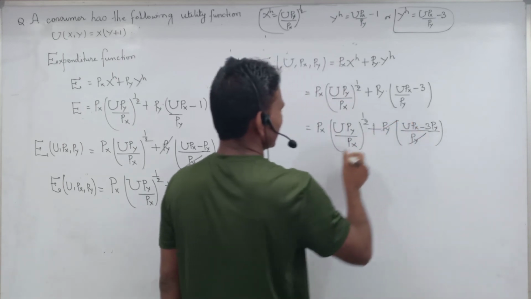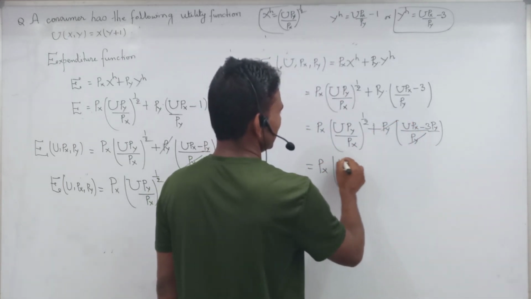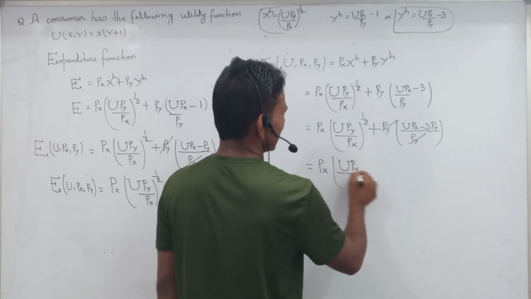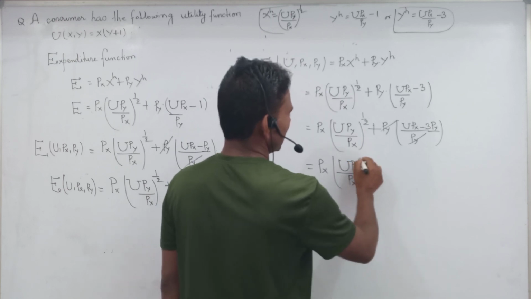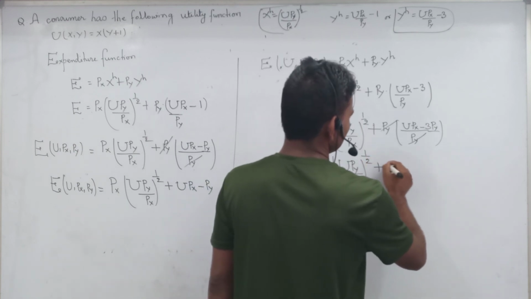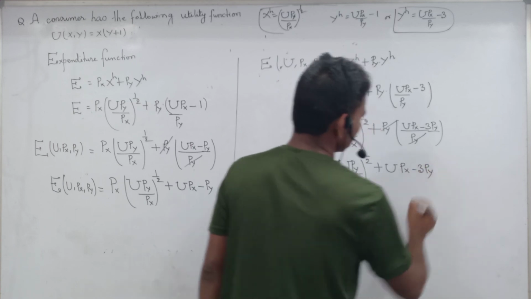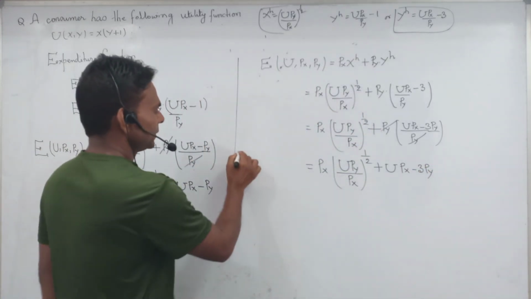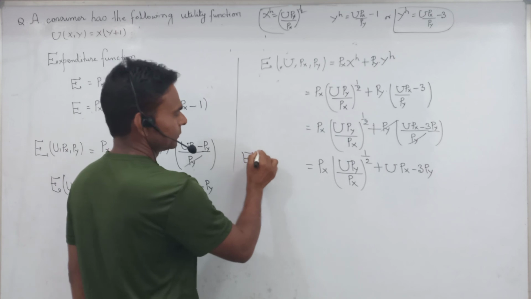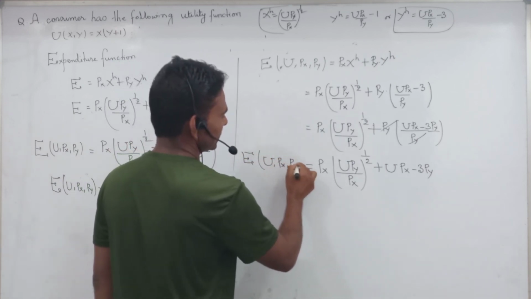Here price of y cancels: price of x times u times price of y by price of x to the power 1 by 2, plus u price of x minus 3 price of y. This is the other expenditure function, which is a function of utility, price of x, and price of y.